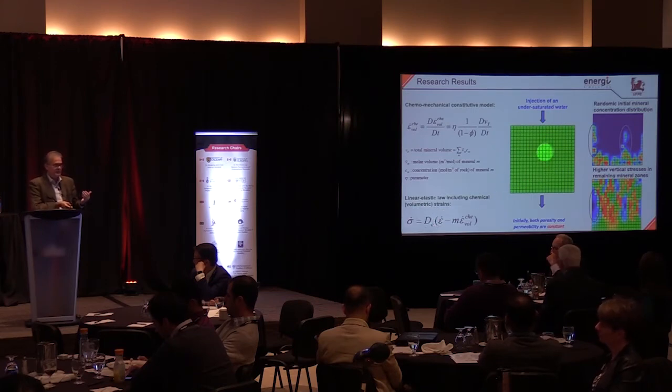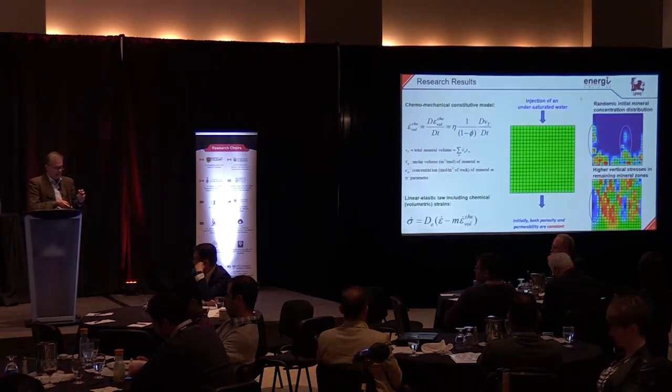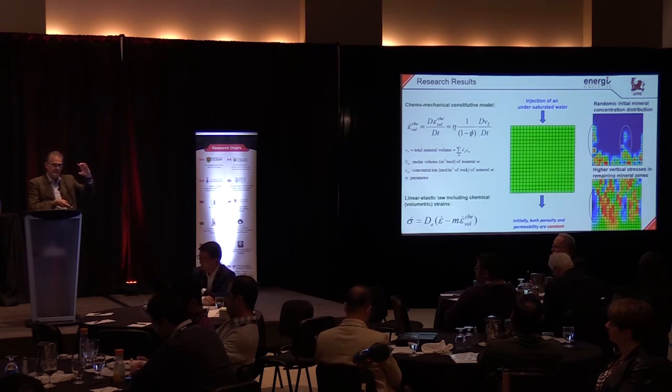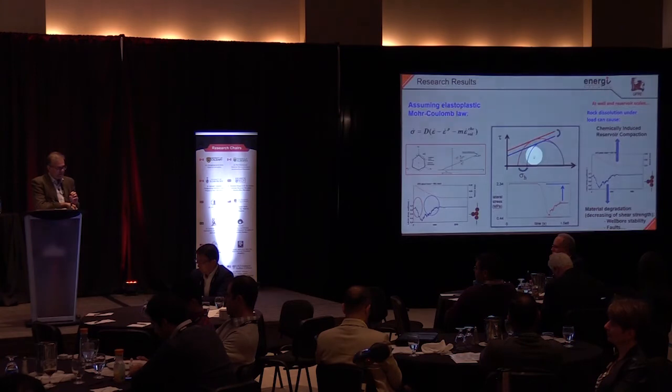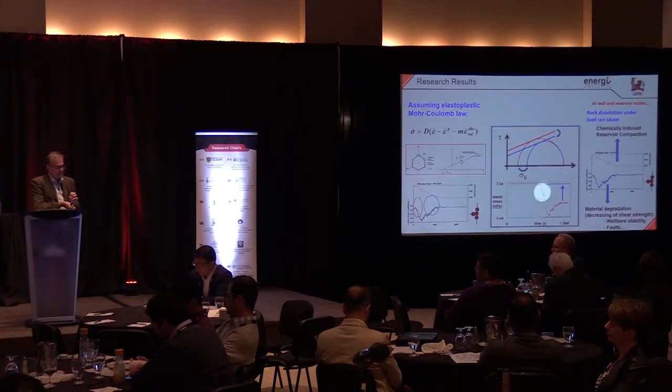In our simulation of the sample, we have a dissolution front of the mineral. We have a non-uniform stress state inside the sample, and we could model the decrease of volume, the vertical strain of the sample, and also the decrease of the lateral stress. But up to now, we are not able to model the increase of the lateral stress.